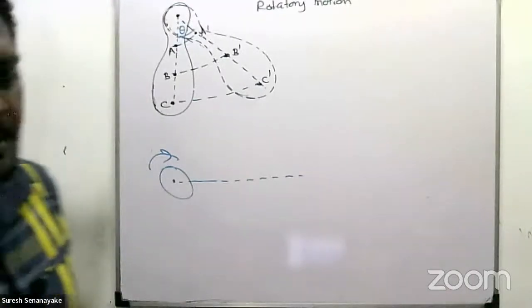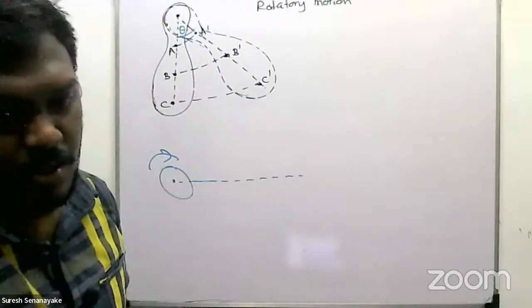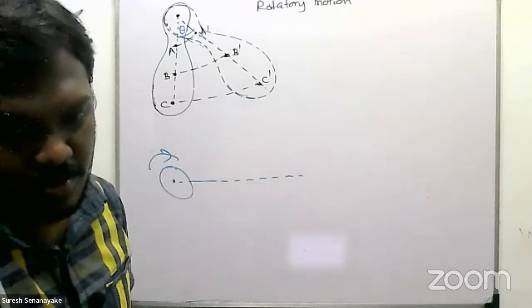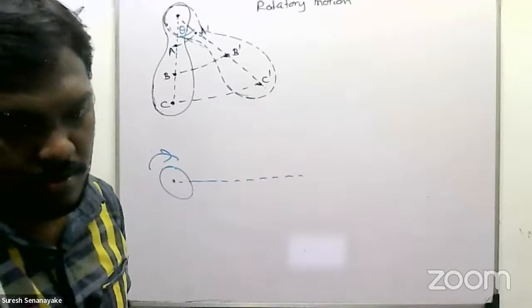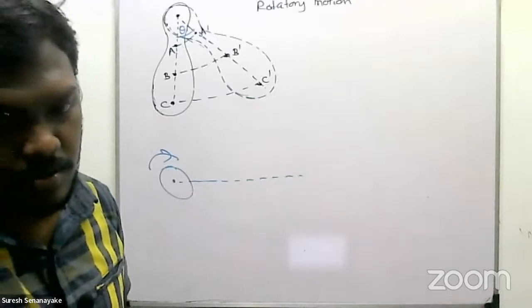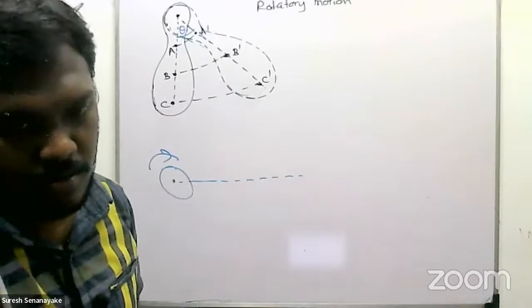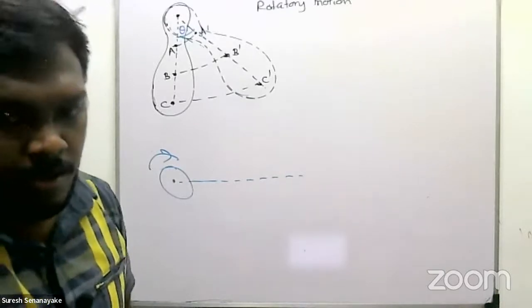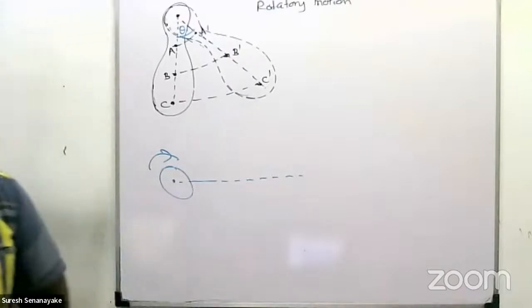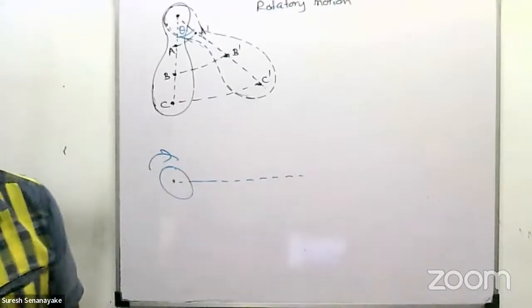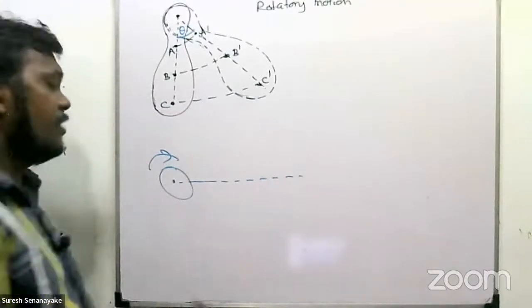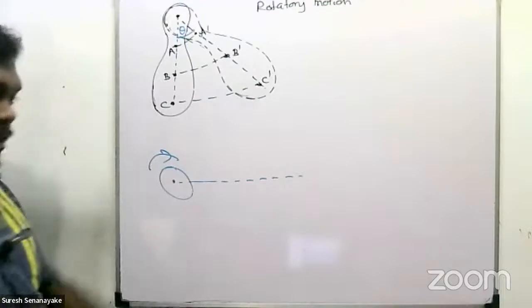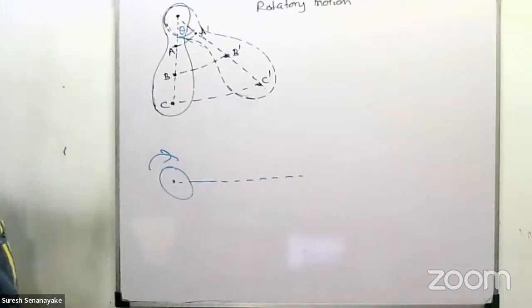Now we need to define these terms used to describe this motion. One by one, the terms we use to define this angular motion, we need to use some physical quantities to describe the motion.